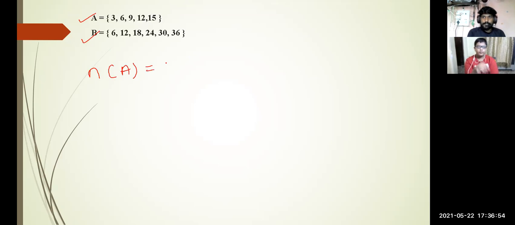Can you tell me? 5. And what is n of B? 6. So n of A is 5, n of B is 6. That same thing we are considering here. So n of A plus n of B, which is 5 plus 6, that is 11. Is this much clear what I did?